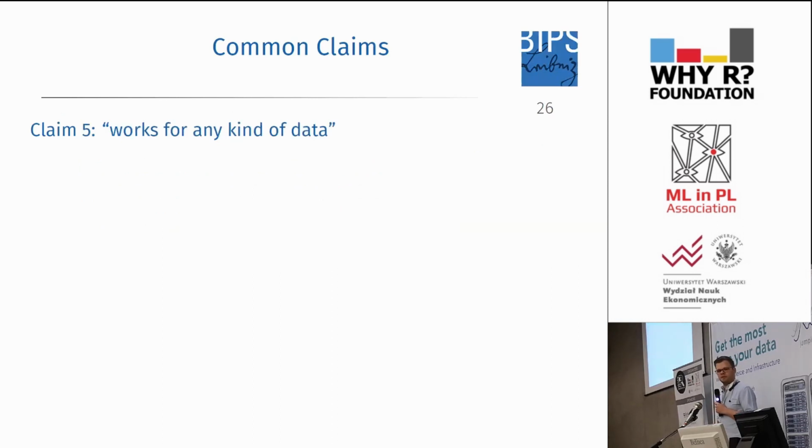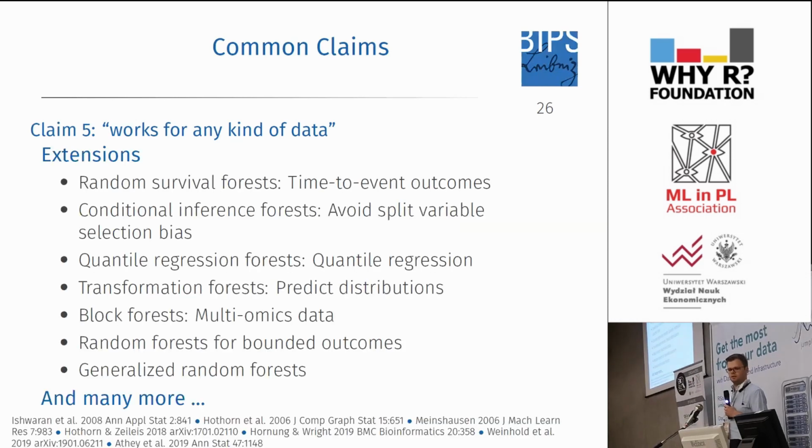Claim number 5 is random forest works for any kind of data. So here's a huge list of extensions. So you could say it works on many kinds of data. You have random survival forest for time-to-event outcomes. You have conditional inference forest if you want to avoid split variable selection bias. We'll see that later.